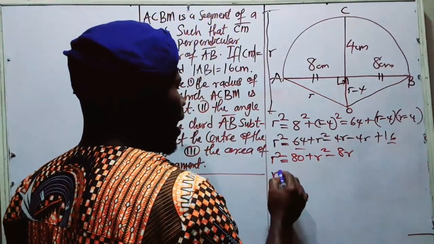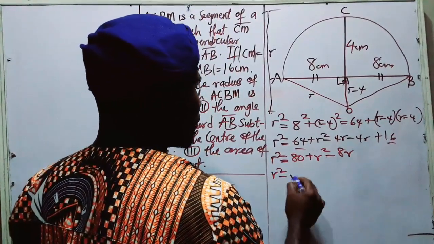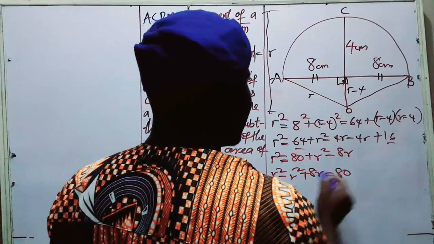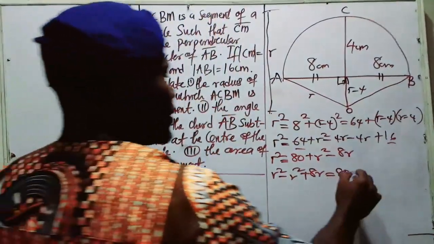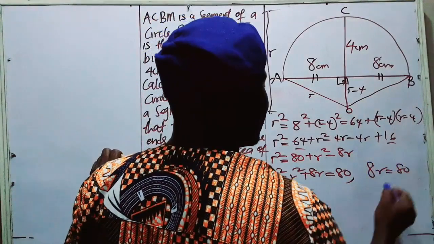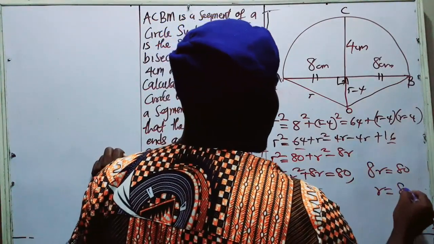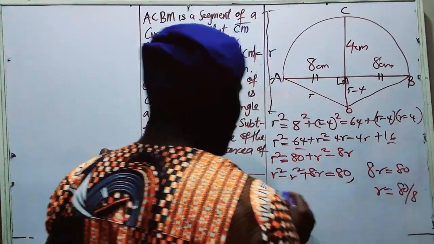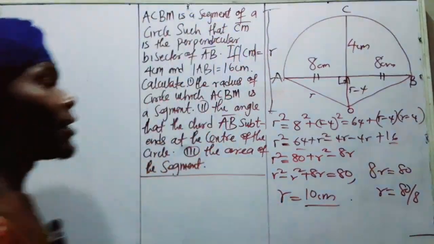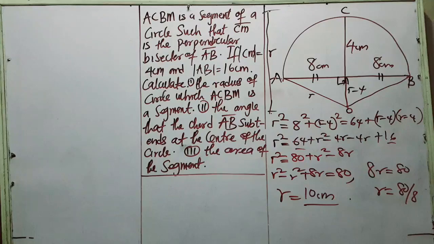So we now have R squared minus R squared plus 8R is equal to 80. So therefore we have 8R is equal to 80. Our R is equal to 80 over 8. So therefore R is equal to 10 centimeters. So the radius is 10 centimeters.